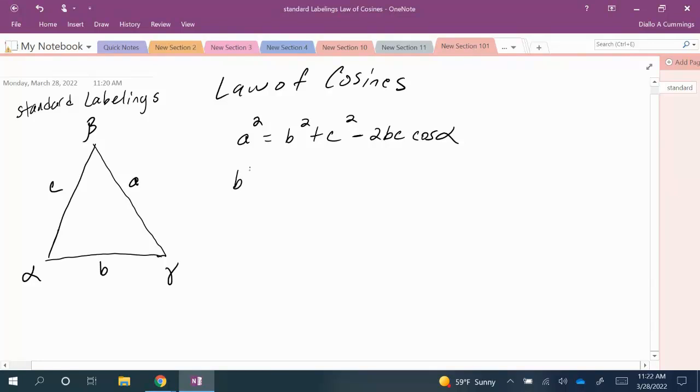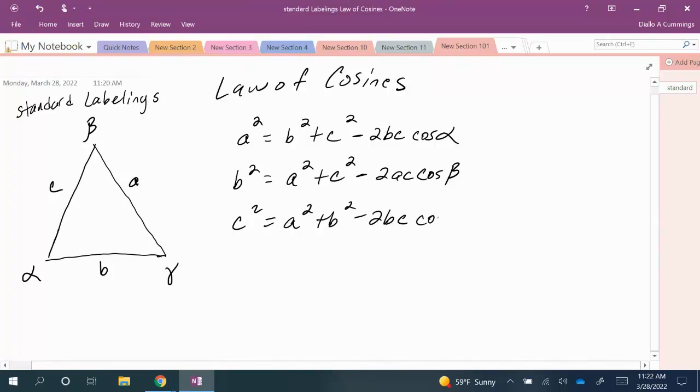The second formula is B squared equals A squared plus C squared minus 2AC times the cosine of beta. And the formula C squared equals A squared plus B squared minus 2BC times the cosine of gamma.